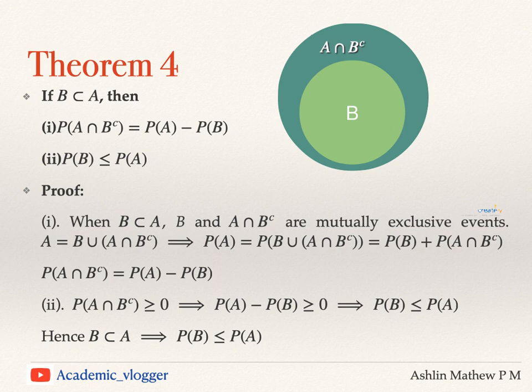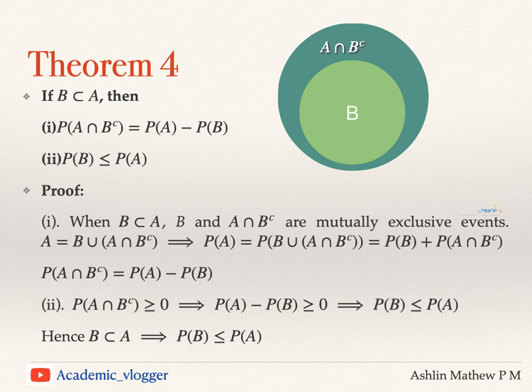So the next one is probability of B is less than or equal to probability of A. In this case we are going to consider when B is a subset of A. So when B is a subset of A, we have already seen that probability of A intersection B complement is equal to probability of A minus probability of B. And we know this probability value is for sure a non-negative value, so it is greater than or equal to 0.